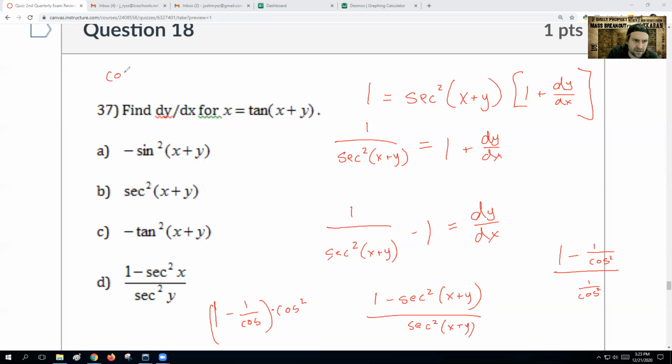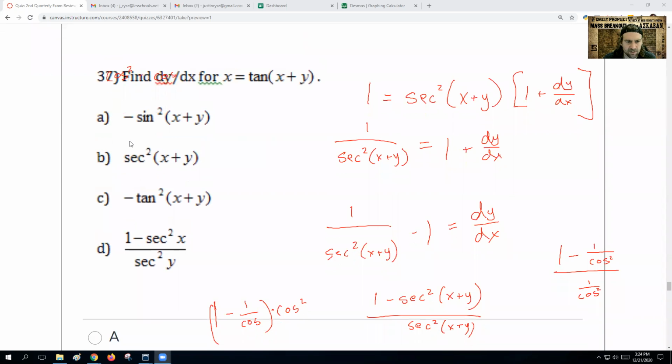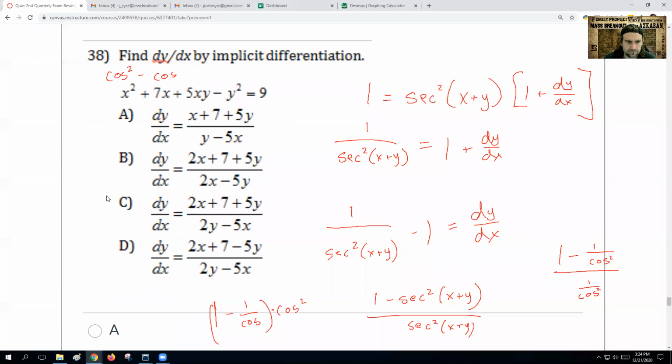So this would be cosine squared minus just cosine. That probably simplifies down to something. I'm not really even sure right now. Let's take a guess here. This is tough. I'm guessing it'd be, no, it's not D. It's either A or, I'm guessing A. I'm not sure though. Definitely tougher, these trig identities here.